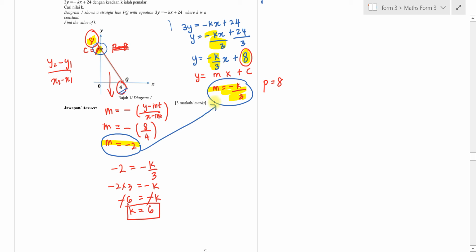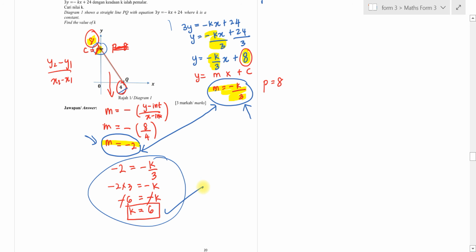Just equate them. This is also a gradient, so just make them equal. Oh, okay, sir. It's actually the same thing. What they gave us and what we find by ourselves are both gradients, so we equate them. We solve and get k equal to 6.